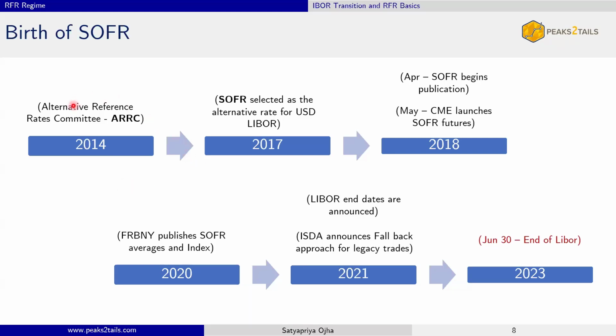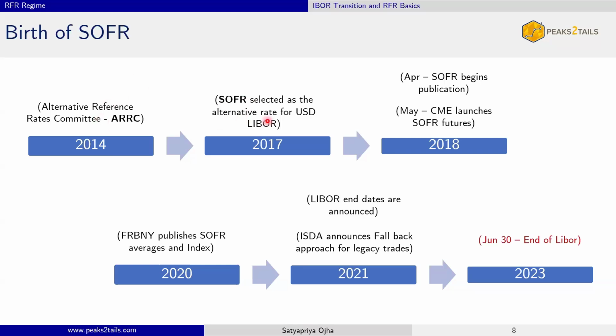That was the reason. So to combat that, in 2014 we had this committee, ARRC, which was responsible for evaluating various different types of rates and coming up with the best rate that suits as the new risk-free benchmark rate that can replace LIBOR. Okay, so they evaluated many different rates.